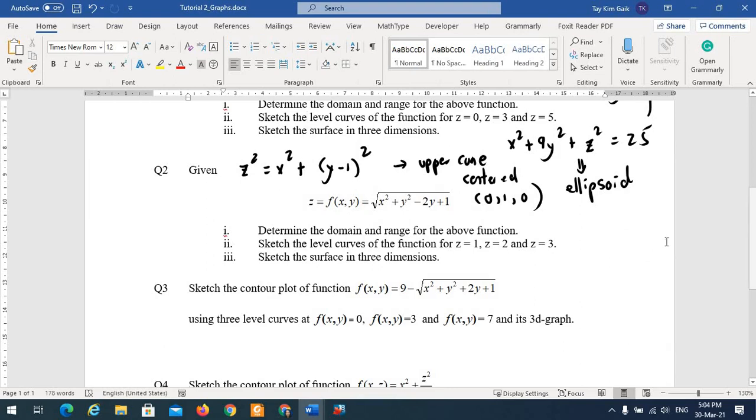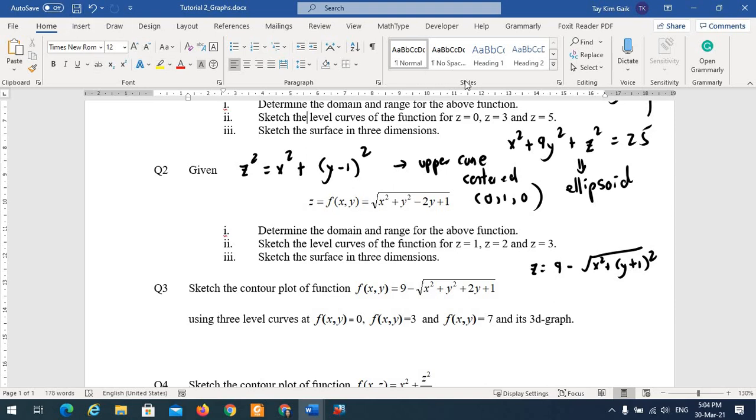Again, equation 3, when you square back, z equal 9 minus the cube root of x squared plus (y plus 1) squared.